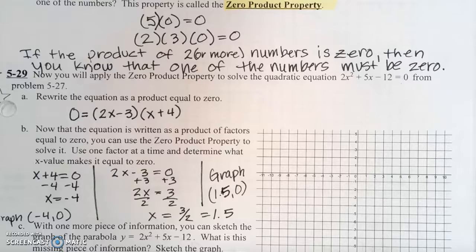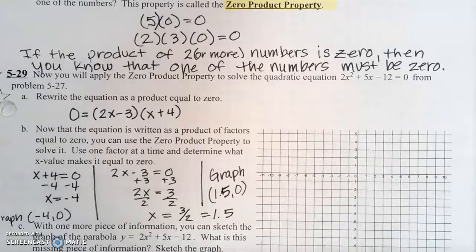So you're going to go on this graph right here, and you're going to graph a point at negative 4, 0. So you're going to start at the origin. You're going to count 1, 2, 3, 4 to the left. Don't go any up or down, and you're going to put a point right there.